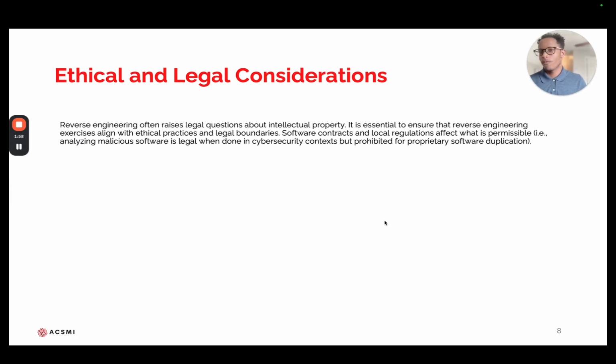There is always going to be some form of ethical or legal consideration, right? Because you need to ensure that the reverse engineering techniques and exercises that you are doing align with ethical practices, and if we're talking about HIPAA, GDPR, right? And understanding that if you do have software, there are going to be contracts involved in this.